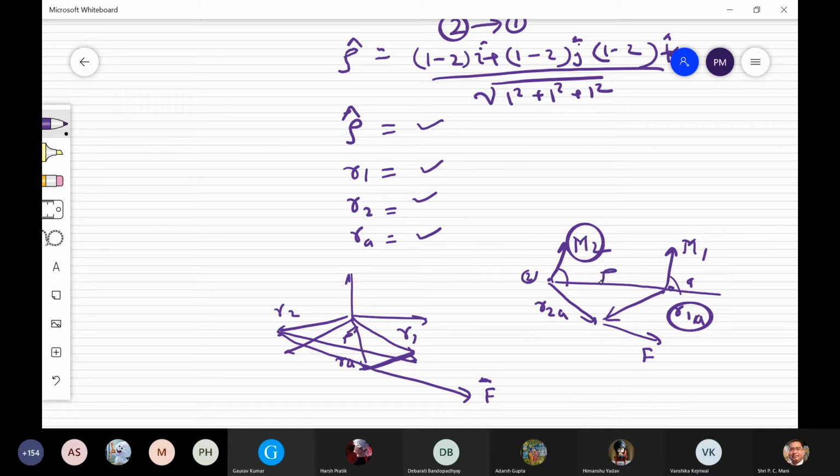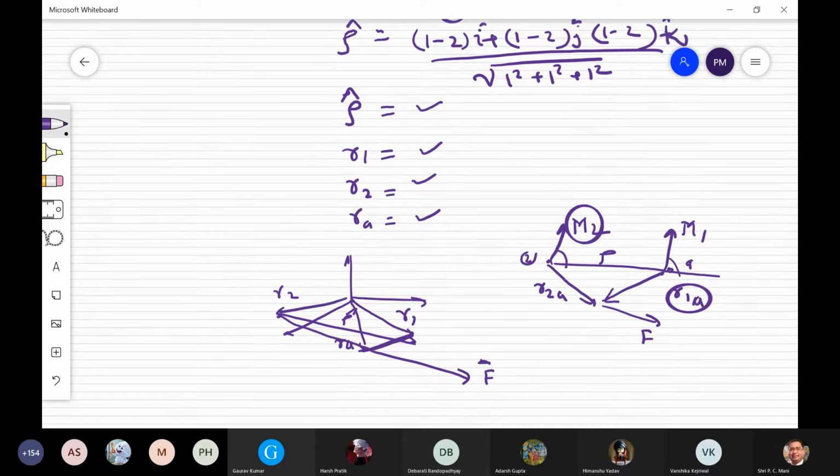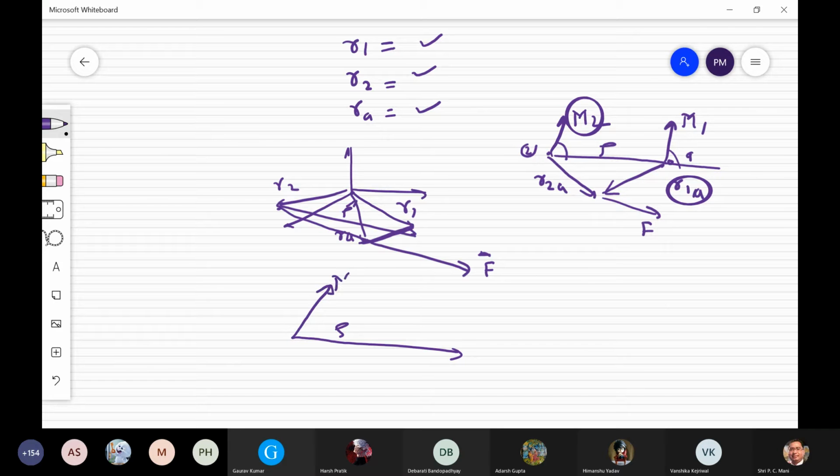So the rho vector is there. The pictorial representation is that this one is the rho vector, and this one is M2. So point 2 you have considered. If you are going to consider M1, then point 1 you have to consider. Now you have to project on the rho vector, so you take rho dot M1 or rho dot M2.